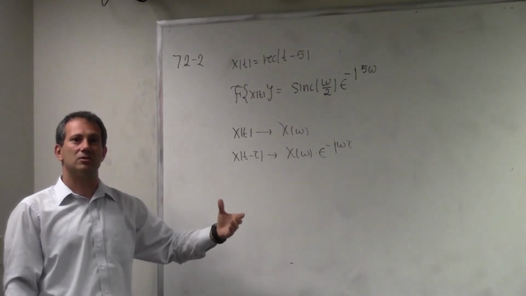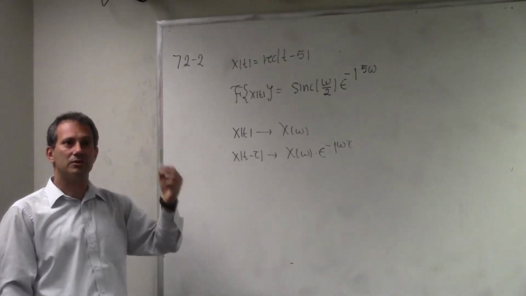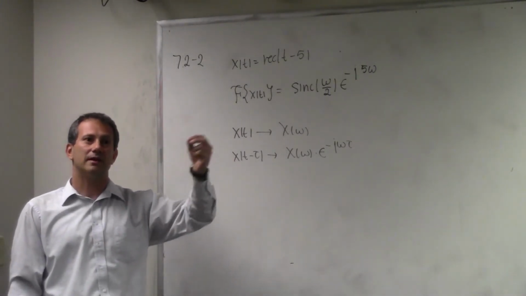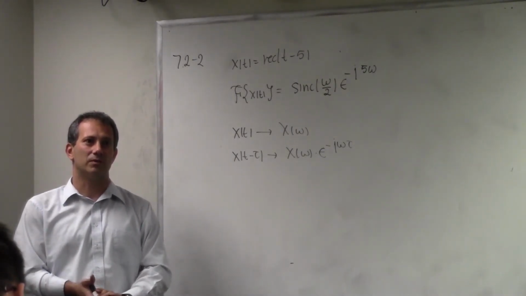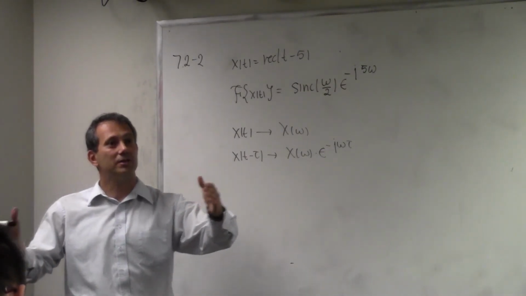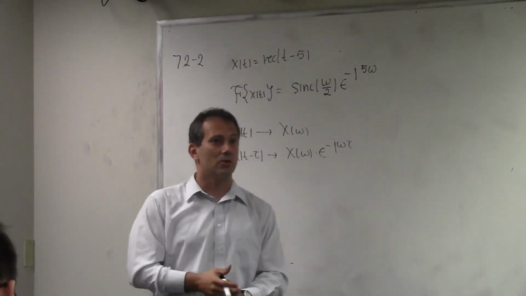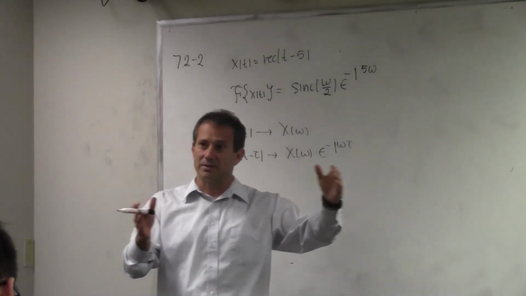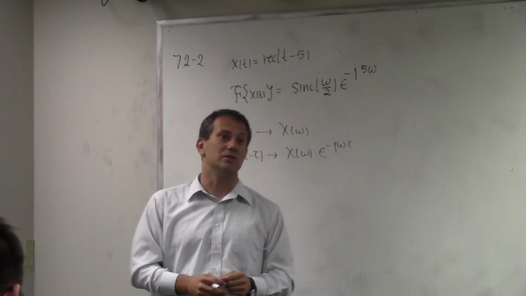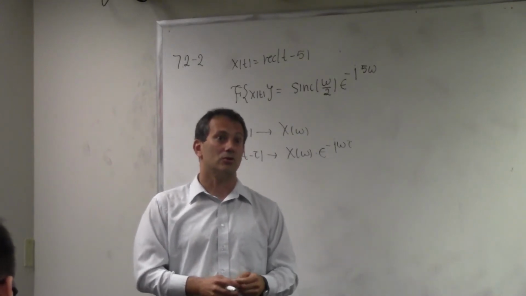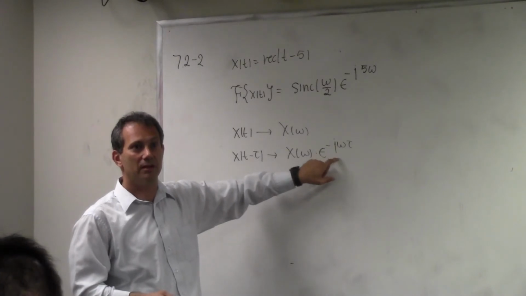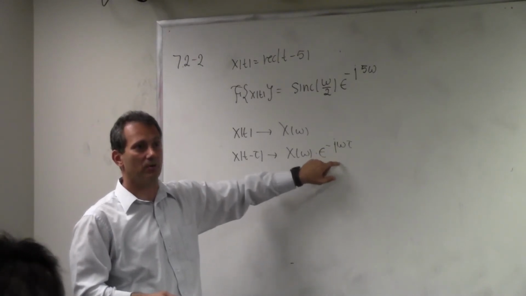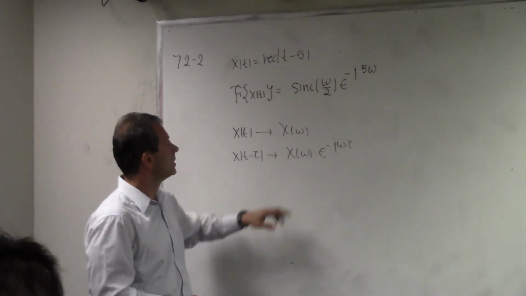That makes sense, because if I build this signal from certain sinusoids, delaying the signal cannot change the sinusoids I use for building it. But it will change their delays. And in the sinusoidal world, delaying a sinusoid is the same as changing its phase. So you get the delayed signal by changing the phase spectrum of the Fourier transform.